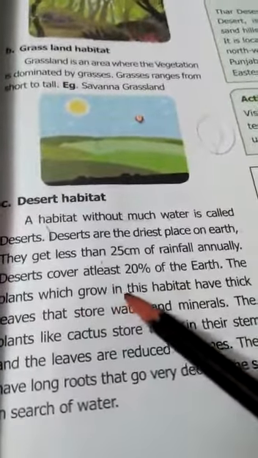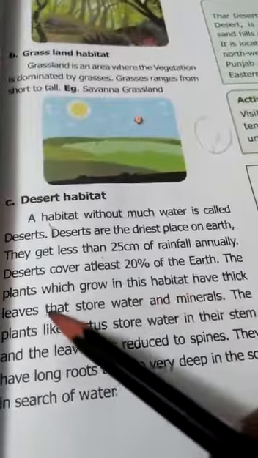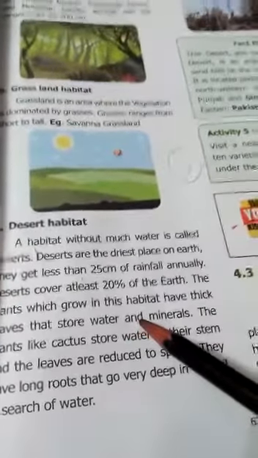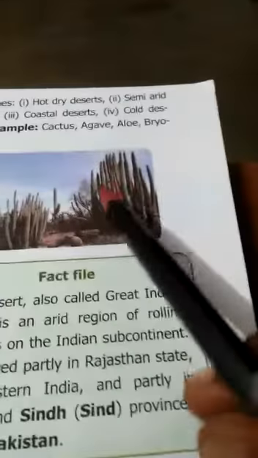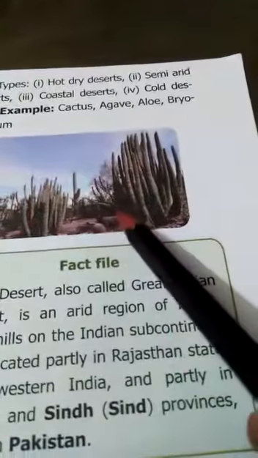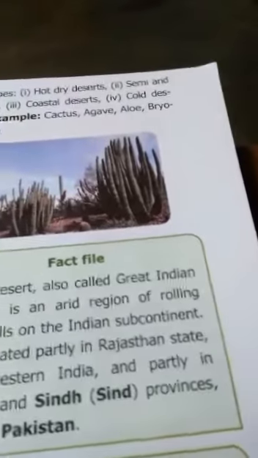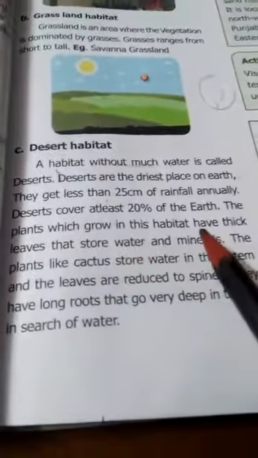The plants which grow in the desert habitat have thick leaves that store water and minerals. You know, cactus, date trees. These are thick-leaved plants that store minerals and water.